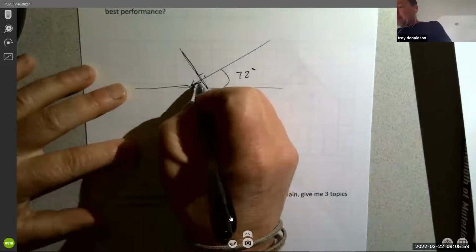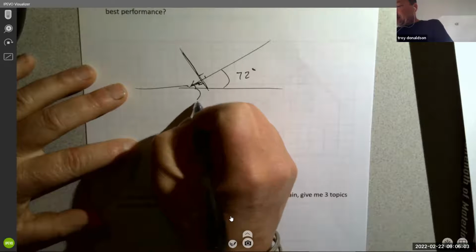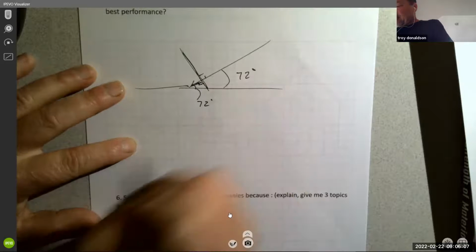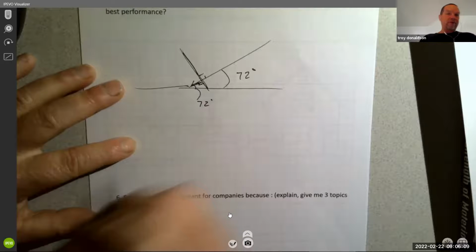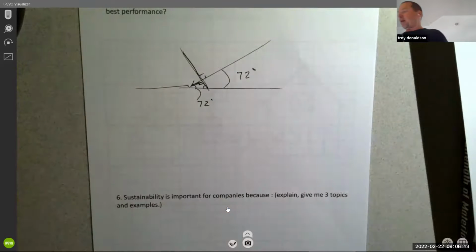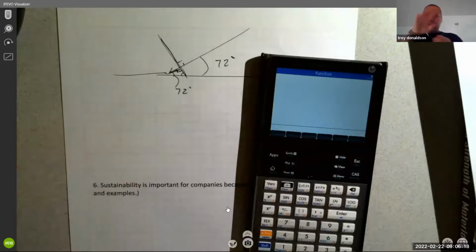And I know this is 90, and I know that right there is 72 degrees. So this would be the angle typically that we would want to reference. From horizontal, what angle do we want to put our panel at? And to do that simple math, we know that the interior angles of a triangle are 180, right?